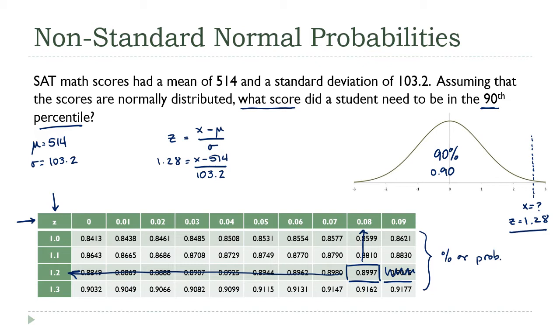Multiply both sides by 103.2, and we get x minus 514 equals 132.96. Then add 514 to both sides: 646.096. That's my test score. That is the 90th percentile. 90% of the data is to the left of 646.096.